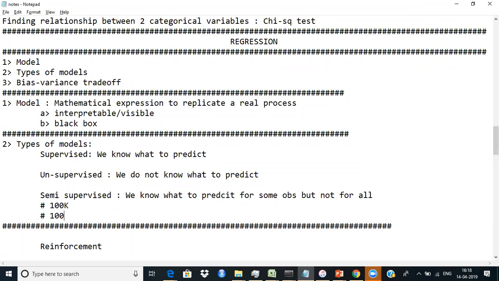So you know what to predict for 100, but for the rest, 90K something, you do not know what to predict. In that scenario, they used an algorithm which belongs to this family, which is semi-supervised. So it's a mixture of supervised and unsupervised. That's why the term semi-supervised.